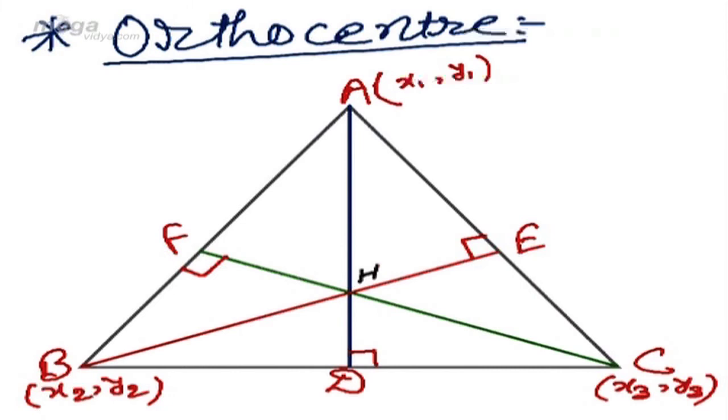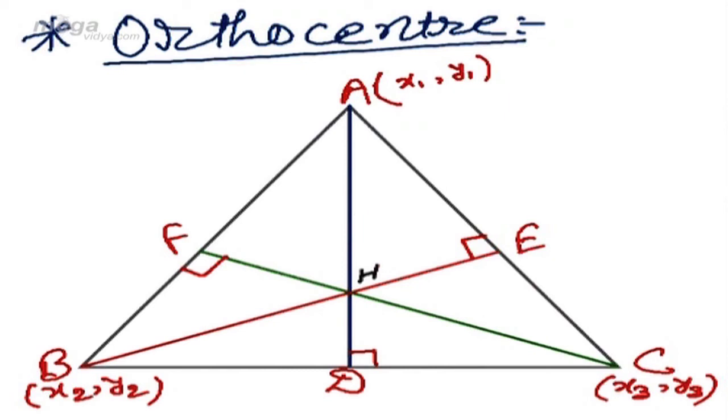Students, one way is to find the equation of BC. One method is to find the slope of BC. Then, because AD is perpendicular to BC, you can find the slope of AD from m1 times m2 equals -1. You have the slope of AD, and you have the point A, x1, y1.